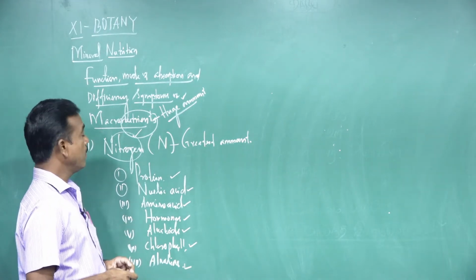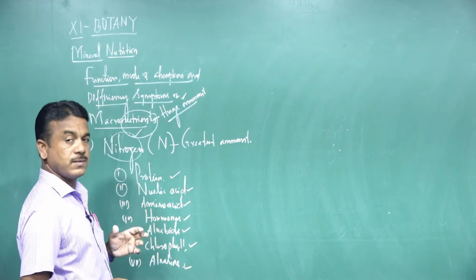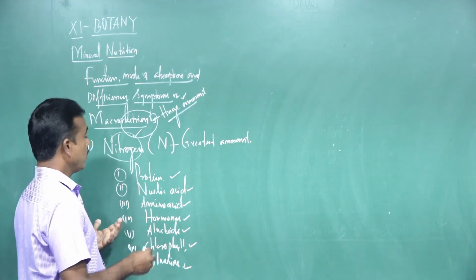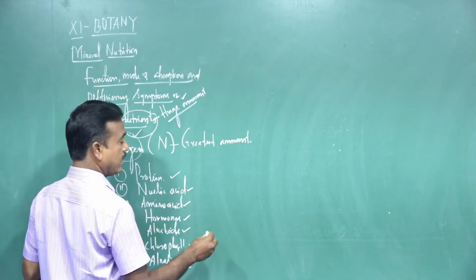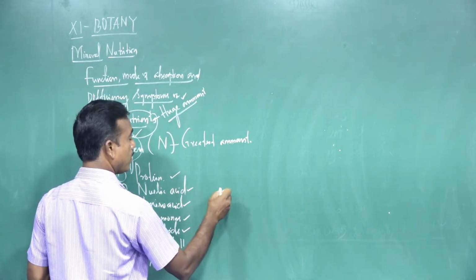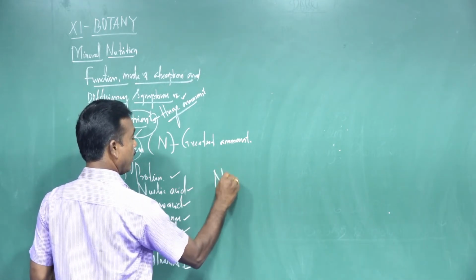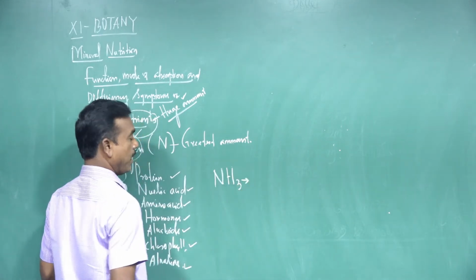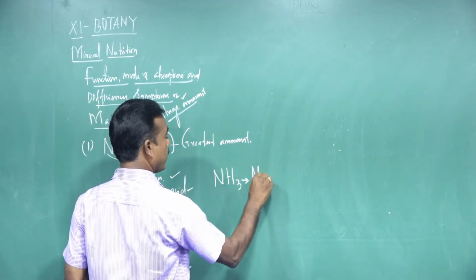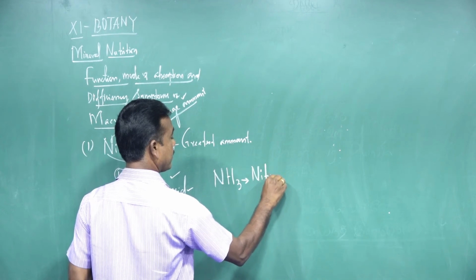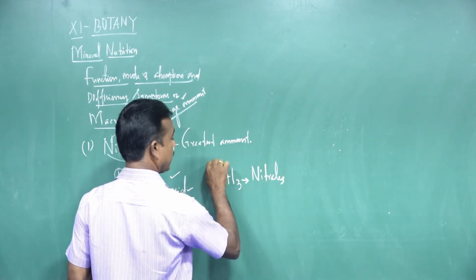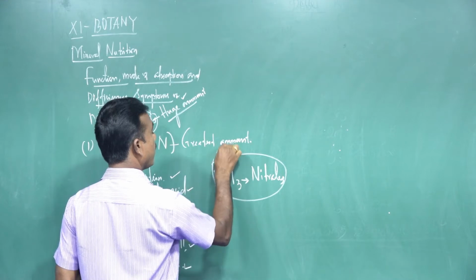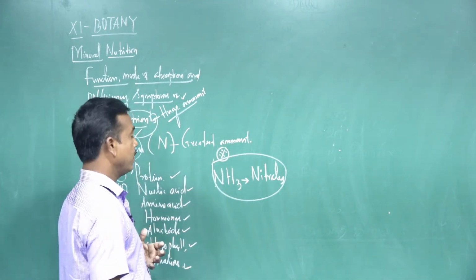In which form do plants take up nitrogen from the soil? The plant takes up nitrogen in the form of NH3, or commonly the plants obtain it in the form of nitrates. That is the essential keyword of nitrogen.